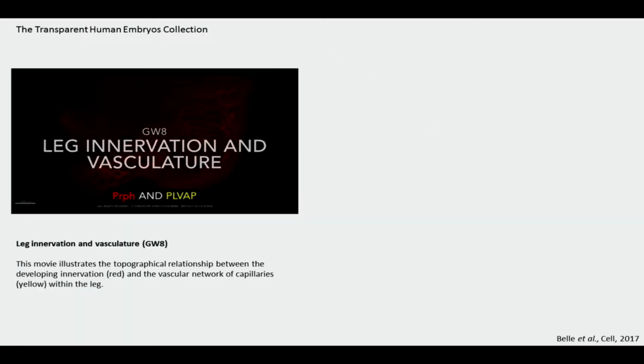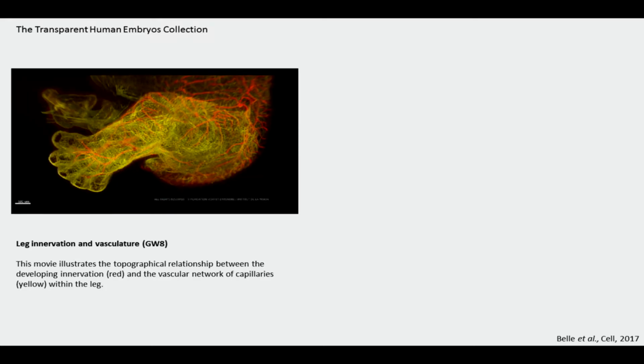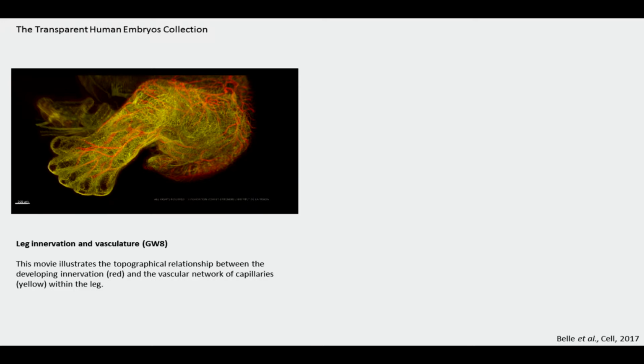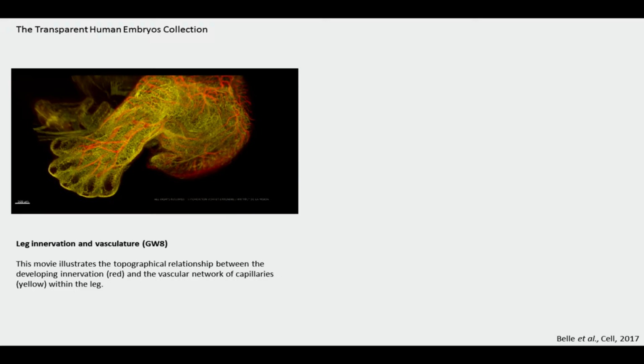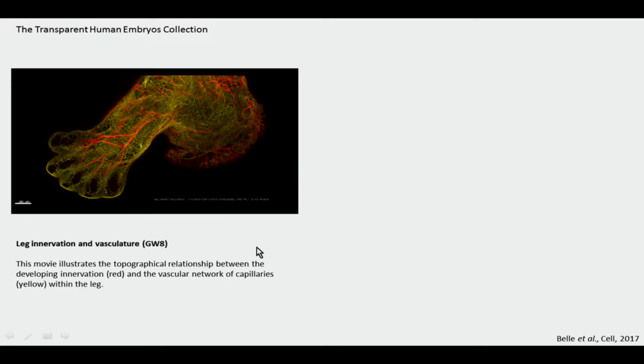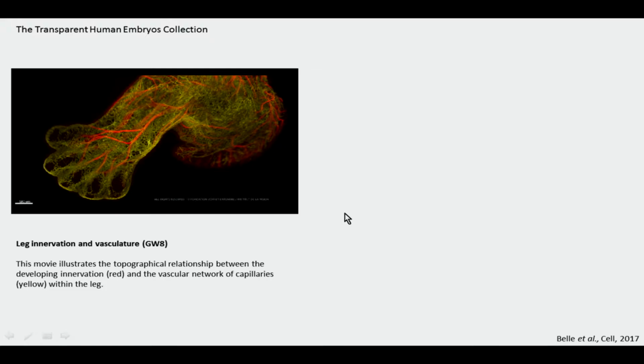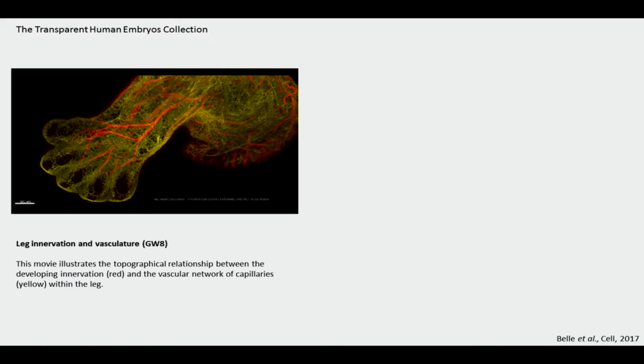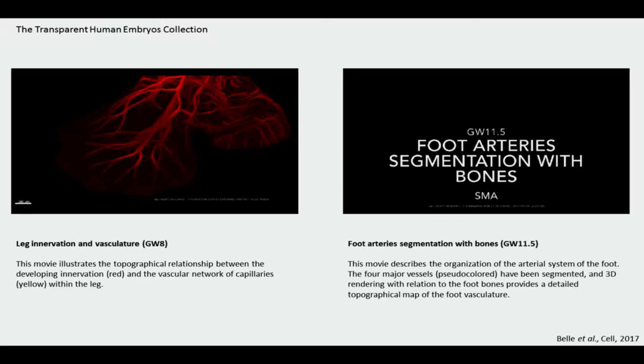Similarly, we can use, in certain cases, this kind of microscopy on human embryos. This is the leg of a human, and you see the nerves and the vascular system. But this is not a developing embryo, obviously.